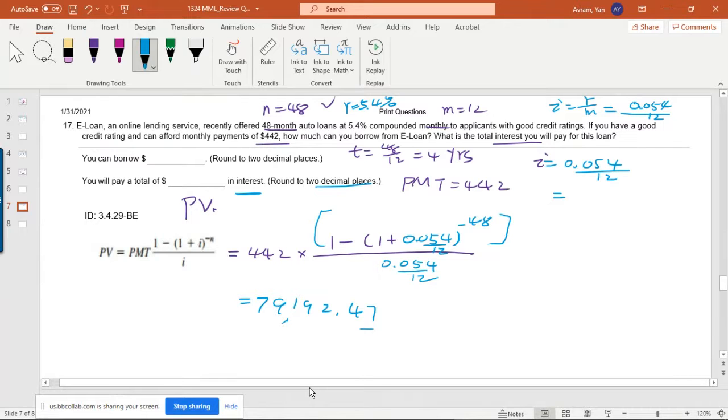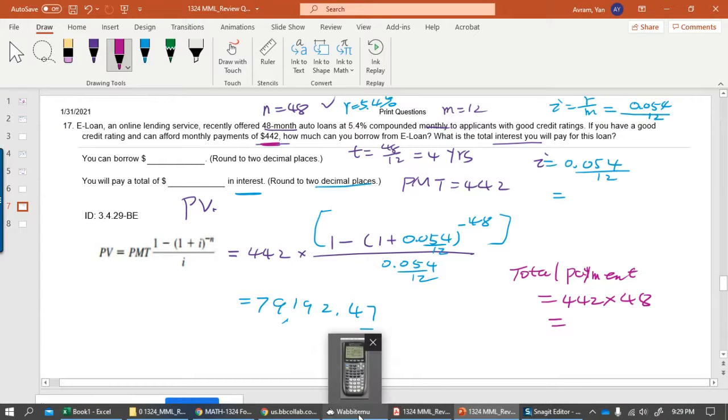And you borrow this much, but you are paying 442. So we're going to look at the total payment in here. You pay $442 for how many times? For 48 months. Okay, let's see how much is the total payment in here.